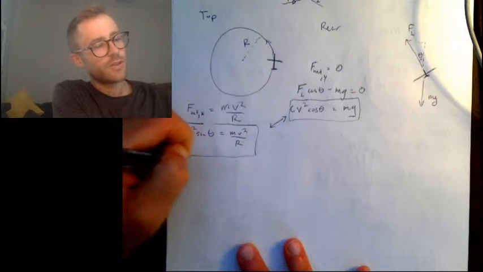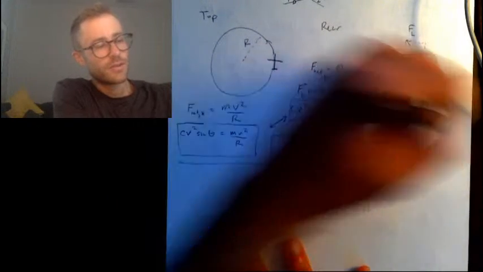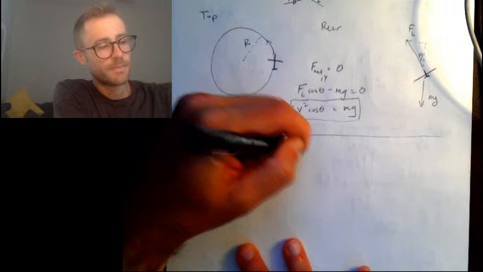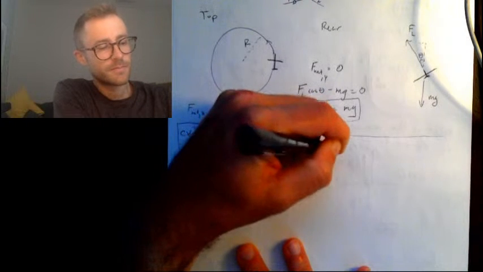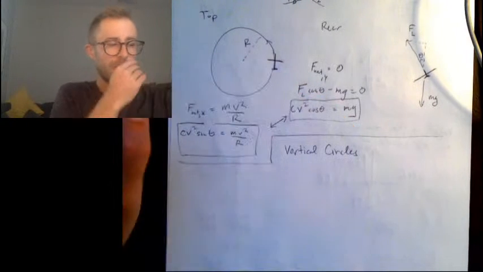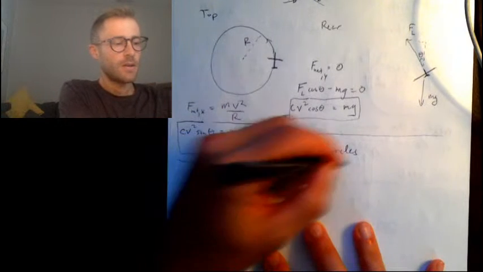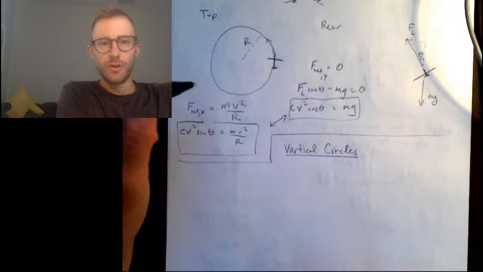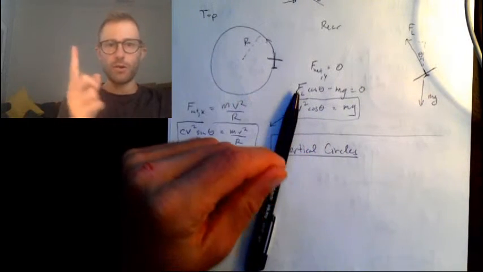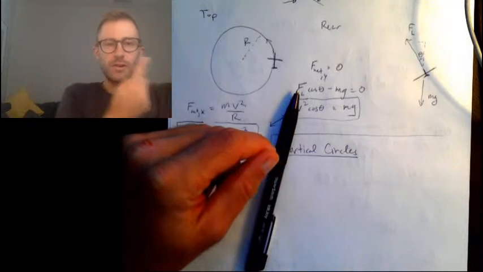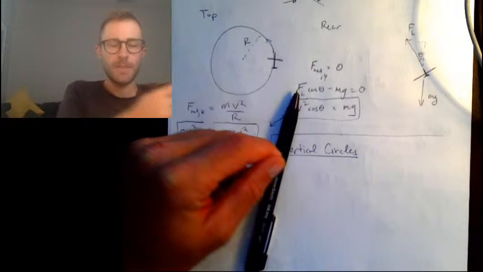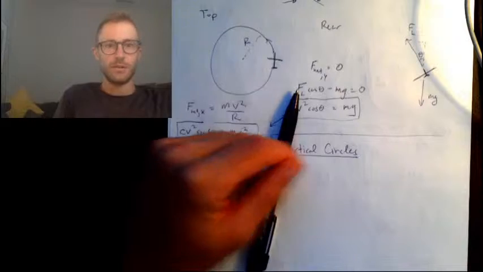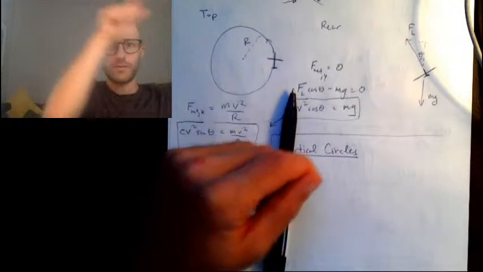So the second topic for today is the topic of vertical circles. We have been discussing so far horizontal circles, circles that are in the horizontal plane. A vertical circle is one that is going around like this.